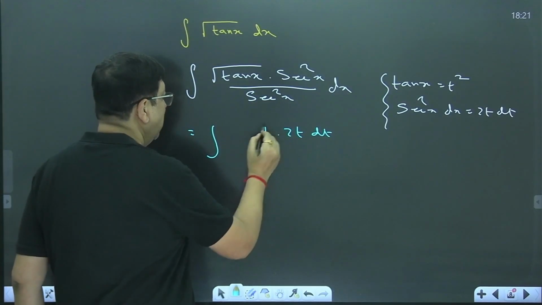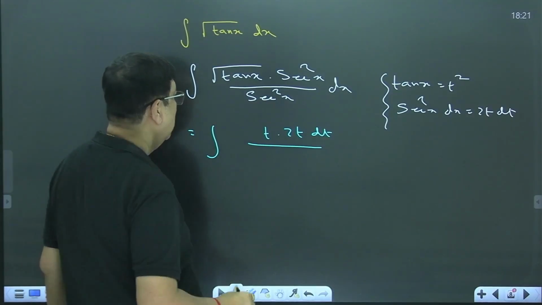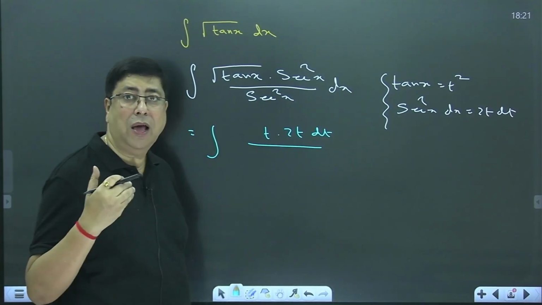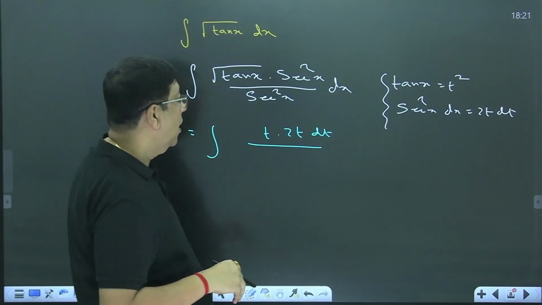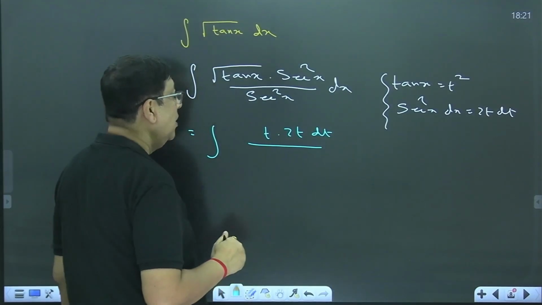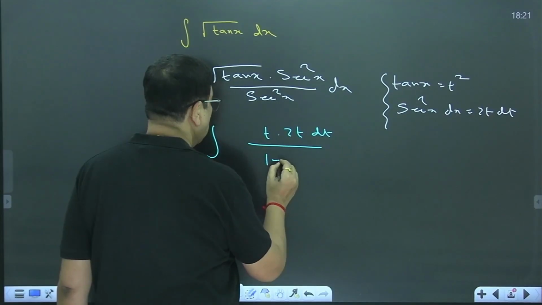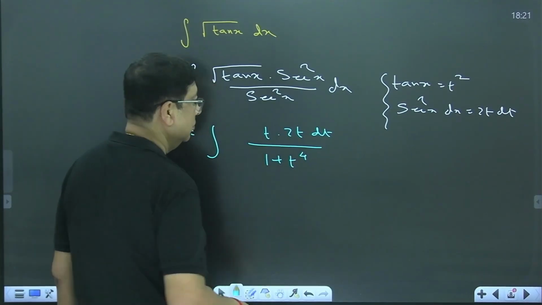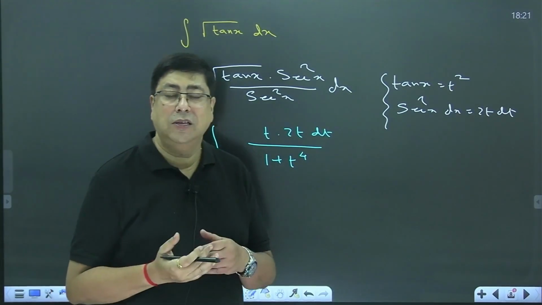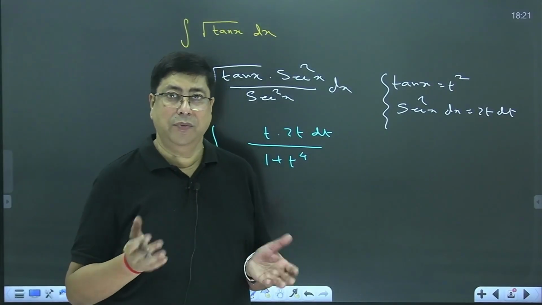In this case, it is coming to be t. In the denominator, sec square x is 1 plus tan square x, that is 1 plus t to the power 4. So the power of tan x is very important.